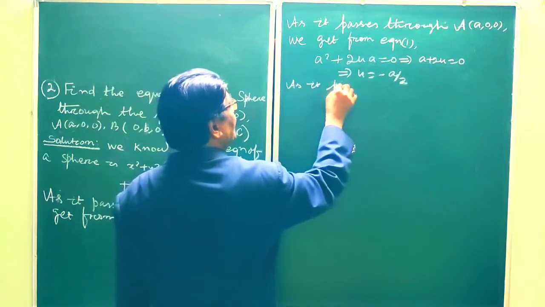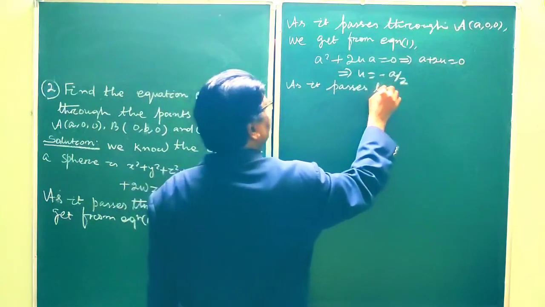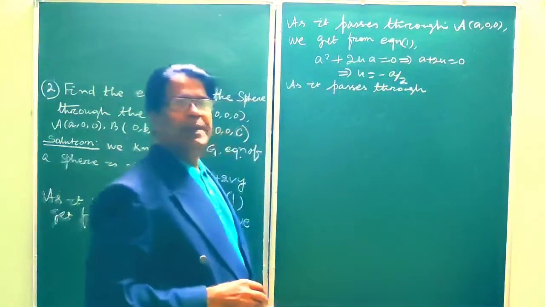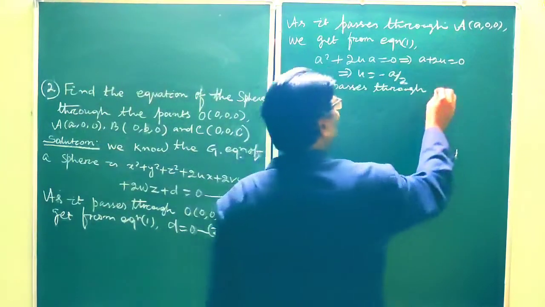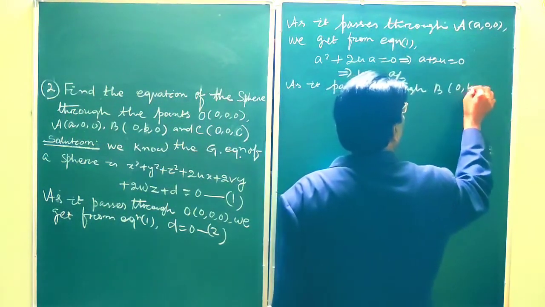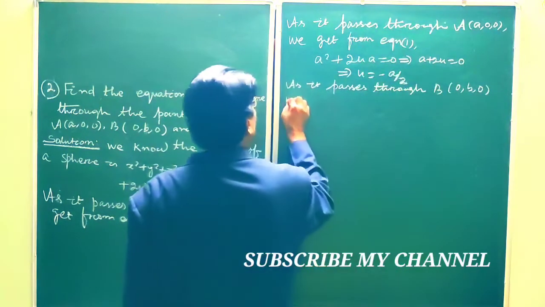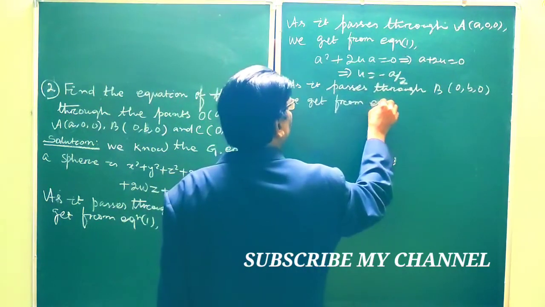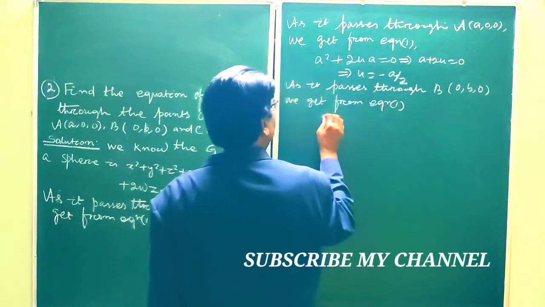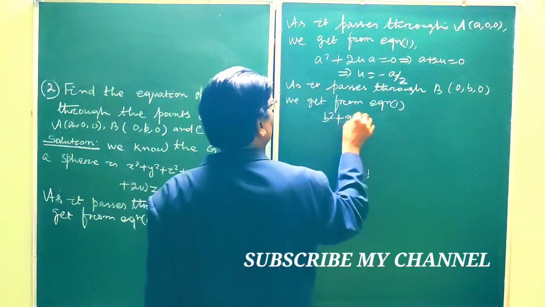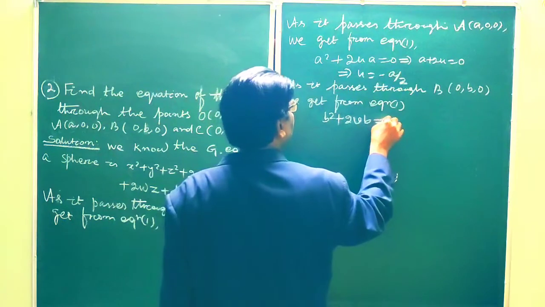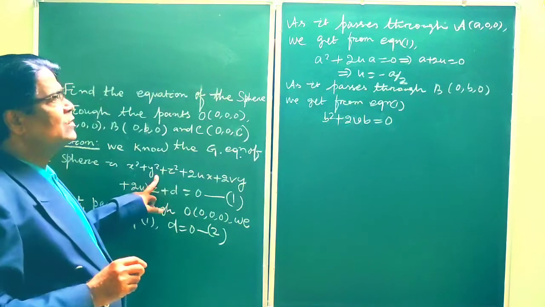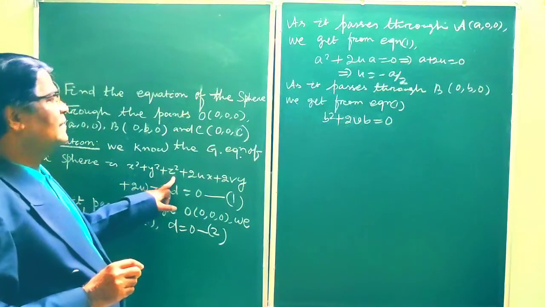As it passes through B of 0, b, 0, we get from equation 1, b square plus 2vb is equal to 0, because we have to put x is equal to 0, y is equal to b, and z is equal to 0.